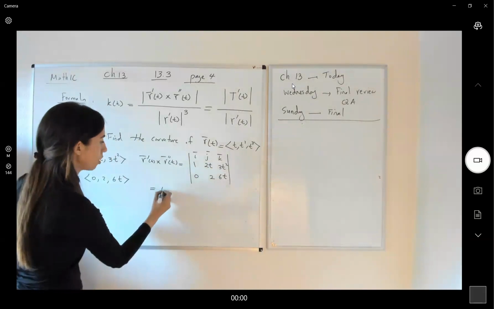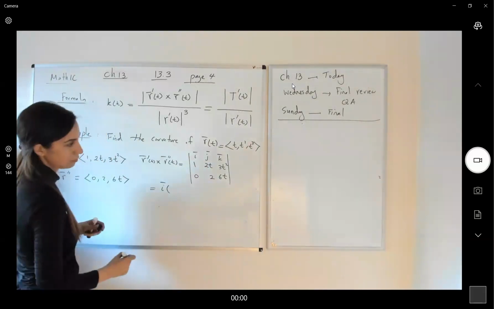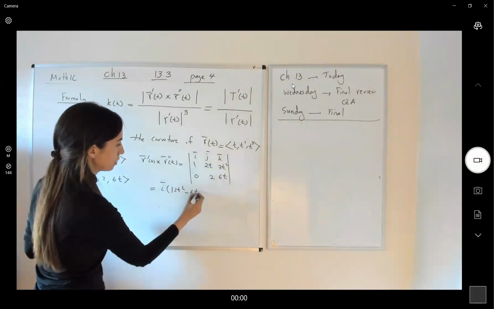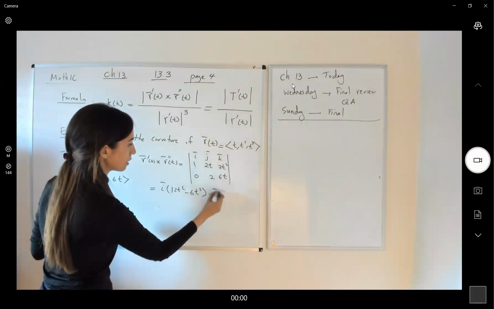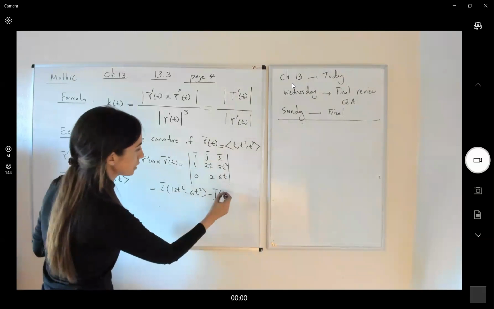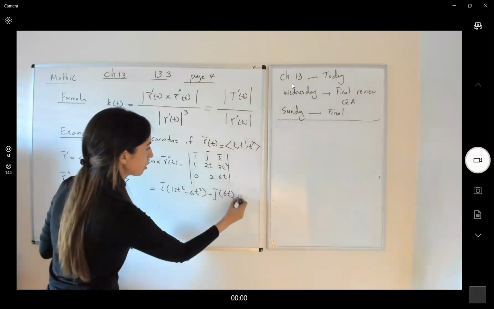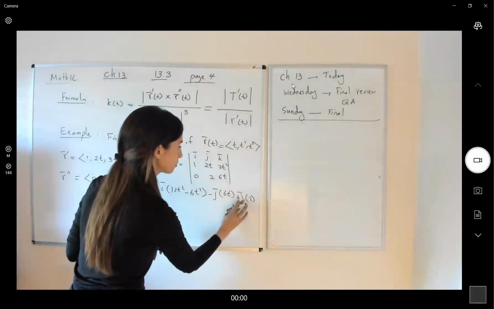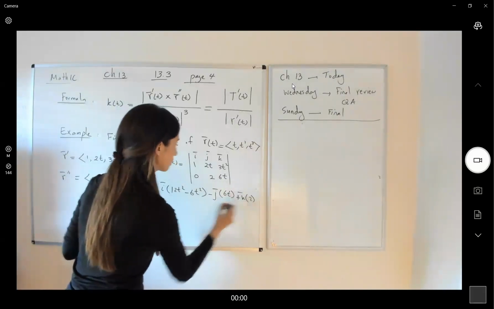This is equal to i times 12t squared minus 6t squared, minus j times 6t, plus j times 2. Then we find the magnitude.